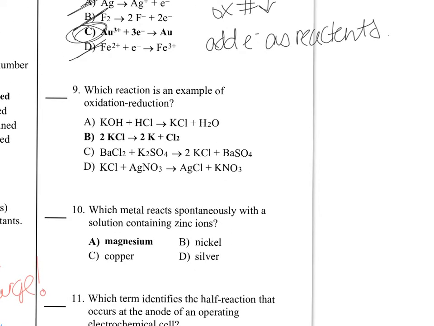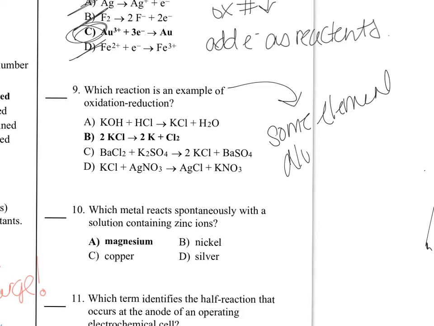9. Which reaction is an example of oxidation and reduction? All right, so here's what you are looking for. So you need some element that is alone, then in a compound, or vice versa. So it goes either way.